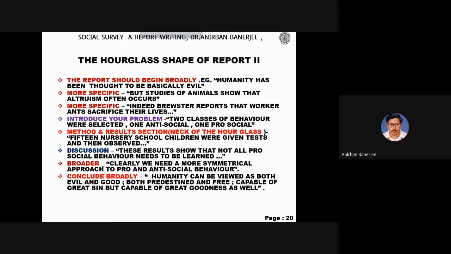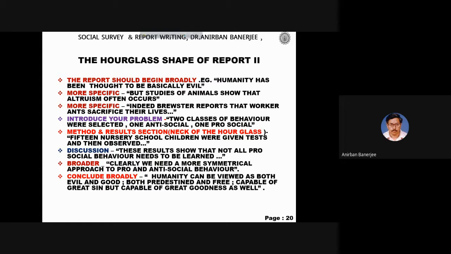So, how do you begin? It should begin broadly. Example, humanity has been thought to be basically evil. Then you become more specific. But studies of animals show that altruism often occurs. More specific. Indeed, Brewster reports that worker ants sacrifice their lives.